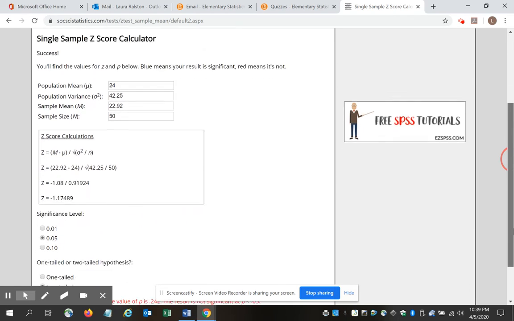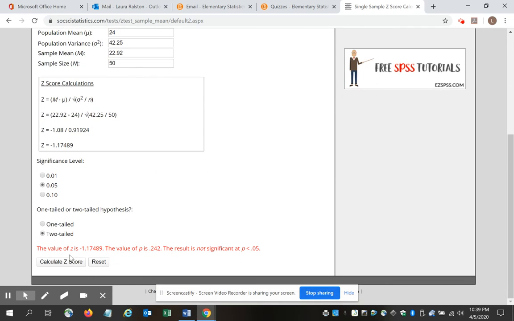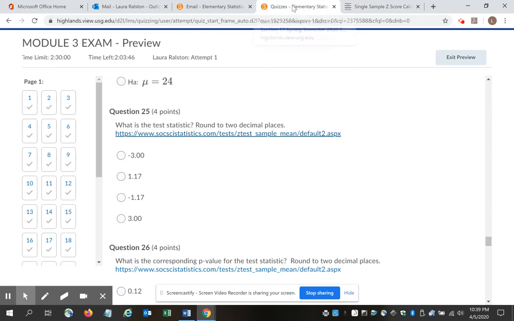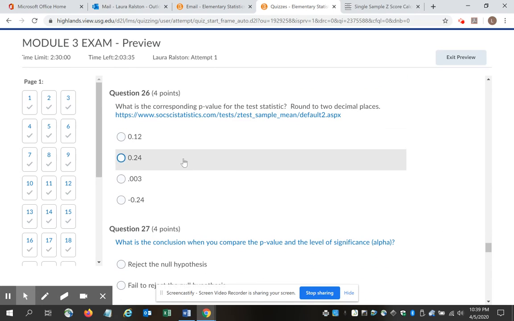If we scroll to the bottom, it gives us our z value as negative 1.17489, and the p value is 0.2422. Okay, so I can go back to my quiz. My test statistic was negative 1.177. My p-value, which can never be negative, by the way, is positive 0.24.